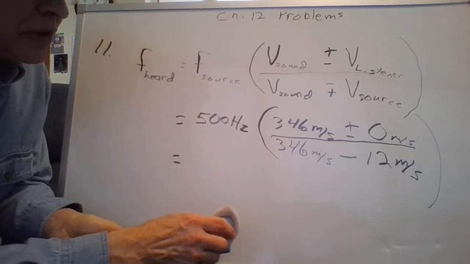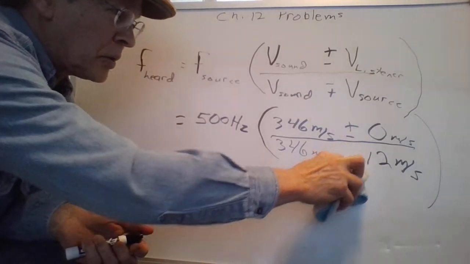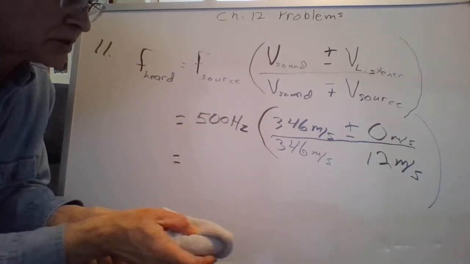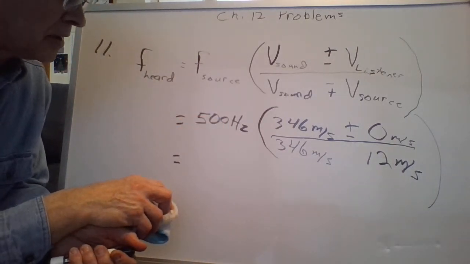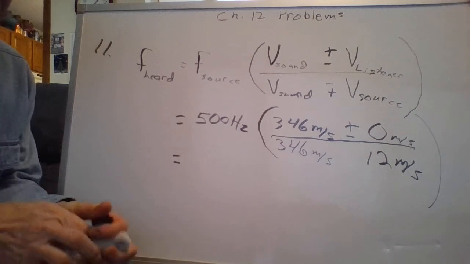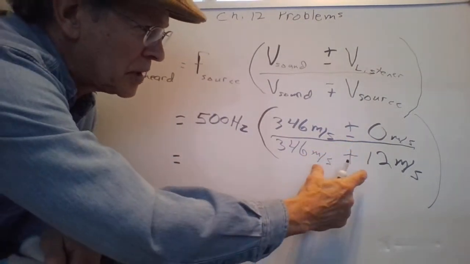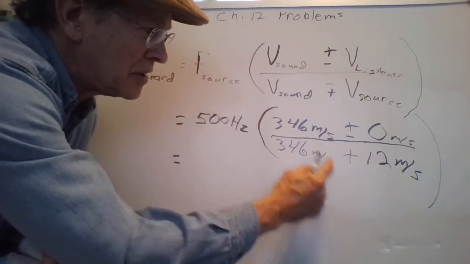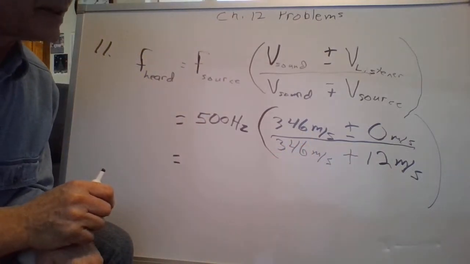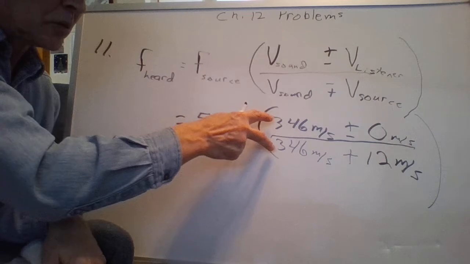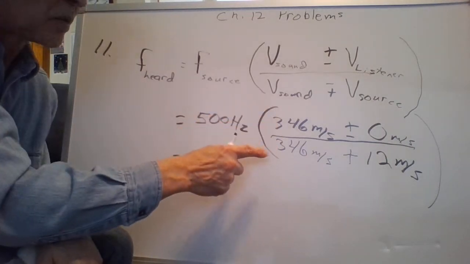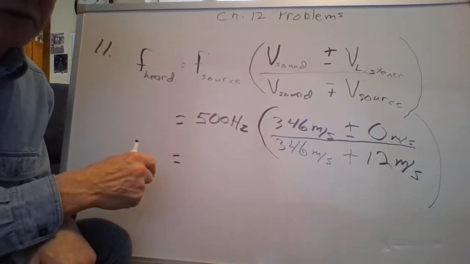If it's moving away from him, it's going to be a lower frequency. Now the way to make it a lower frequency answer, what if we added 12? That would make the denominator bigger than the numerator, and that would make the number that we're multiplying times less than 1, and that would make this a lower frequency.